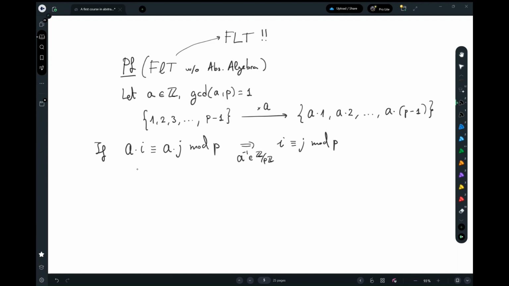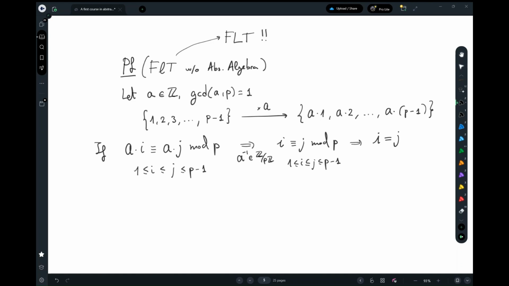But if i and j are in the set from 1 to p minus 1, there is nothing that is congruent to each other between 1 and p minus 1, because p is prime, and j minus i will not be divisible by p unless they are exactly the same. So then i is equal to j.